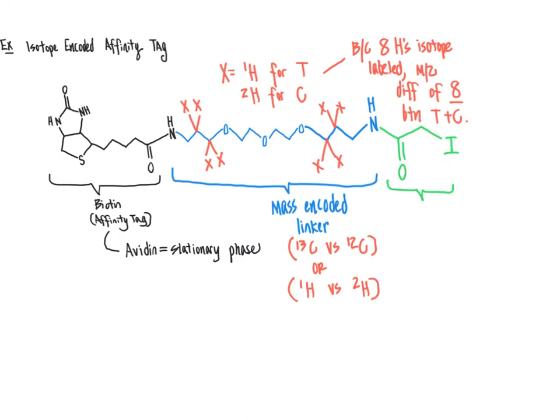Iodine is a good leaving group in nucleophilic substitution reactions, and a sulfur atom of the thiol functional group in cysteine will readily react with the carbon atom right here in a nucleophilic substitution reaction, causing the iodine leaving group to leave.